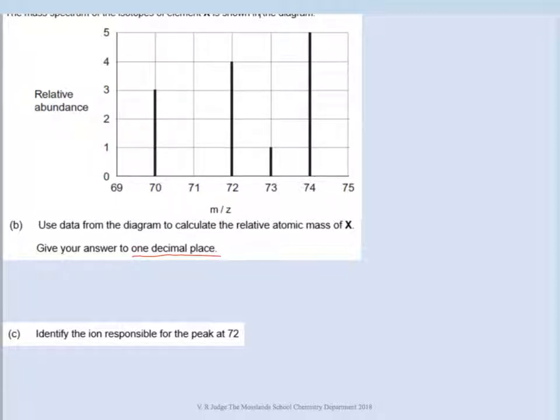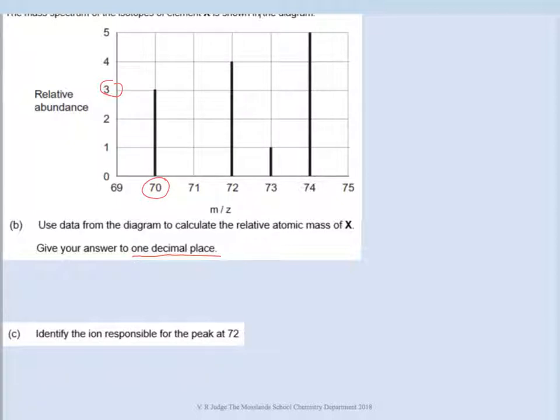So the way that you do this, you take the mass to charge ratio of the first peak and you take its relative abundance. You multiply these numbers together and then you do the same for each of the other peaks, and then you add the data for all of the peaks together.